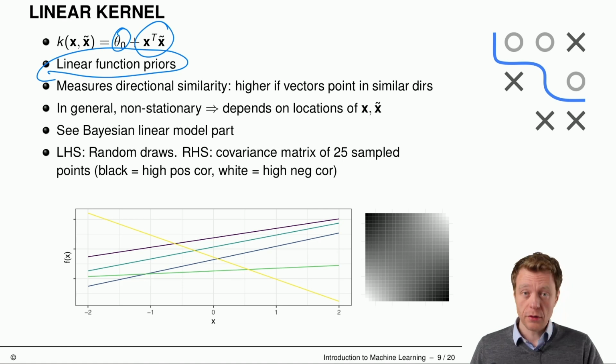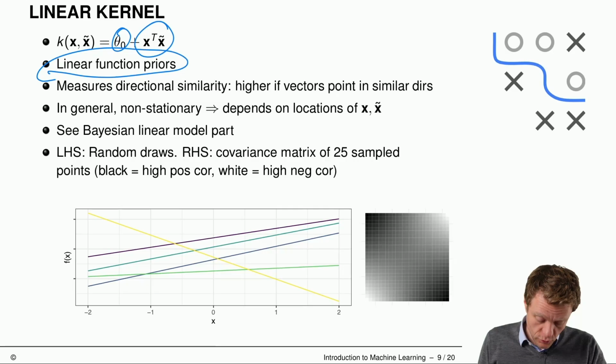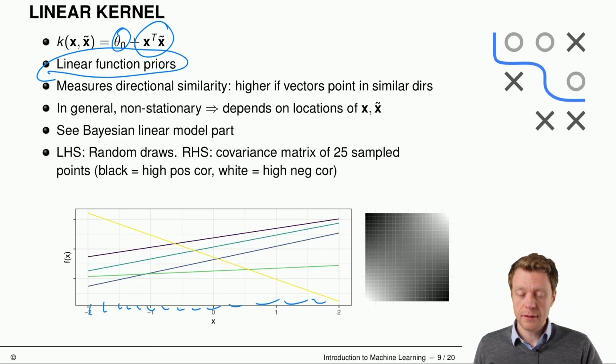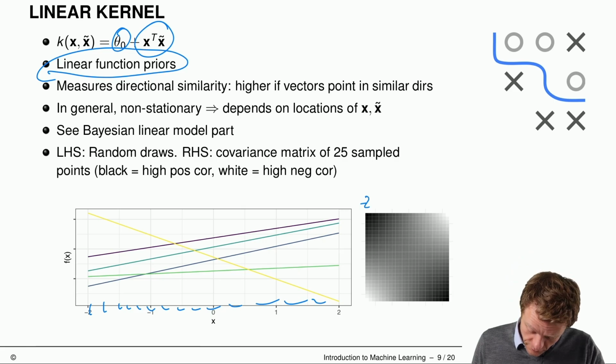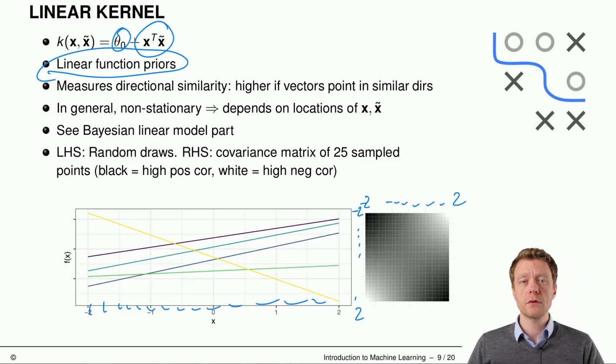So what you see here on the right-hand side is a covariance matrix of 25 sampled points. So we just sampled 25 points on the x-axis. The first point here is -2, -2. This grows here until 2, and this also grows until 2, of course.